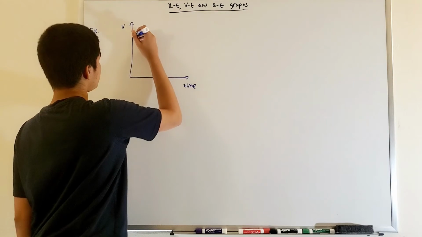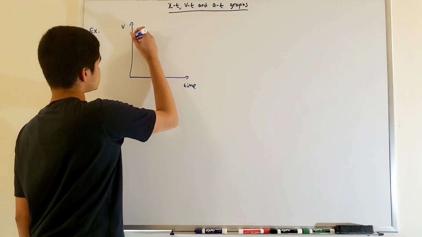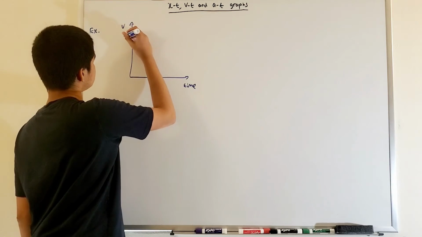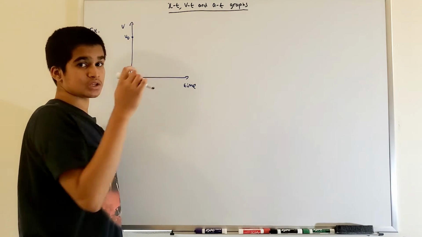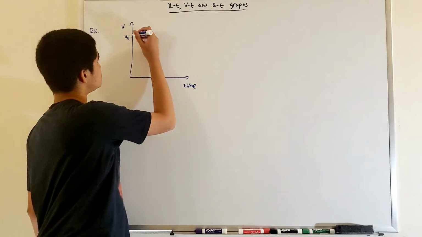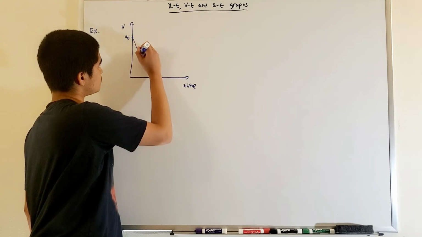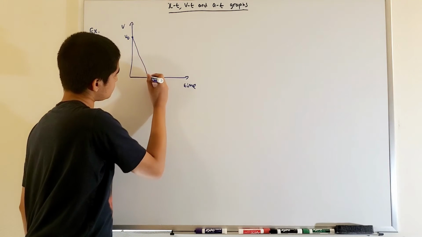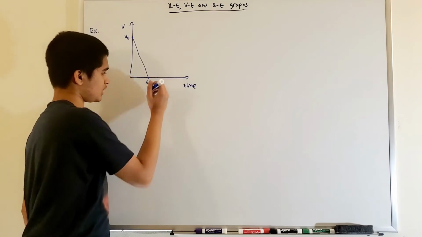So we start off at some positive velocity, v0, and then this velocity goes down to 0. Let's say it becomes 0 at some time equal to t1.